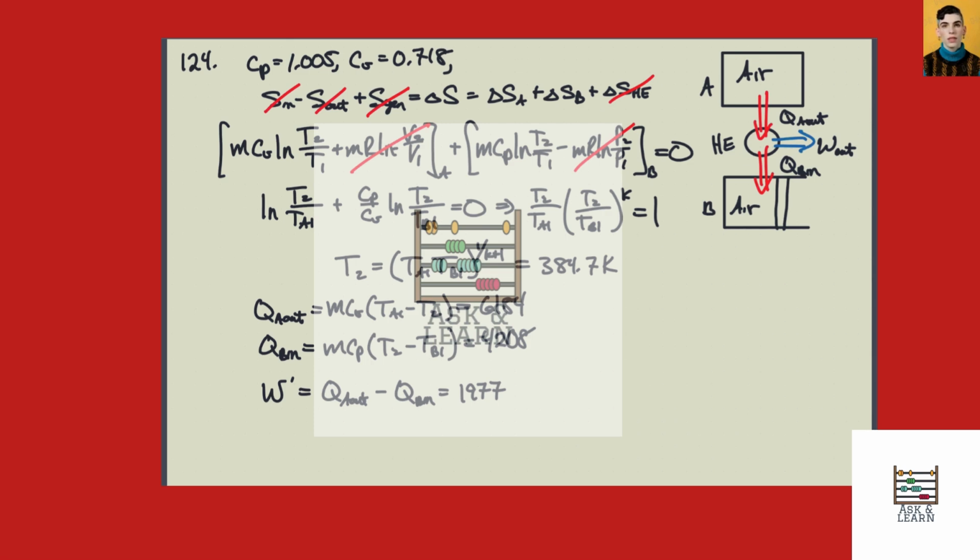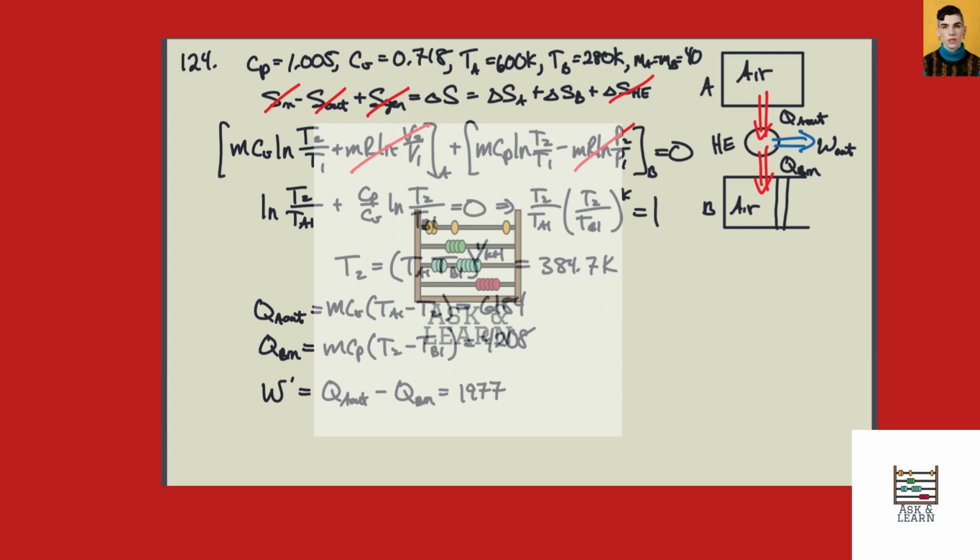The constant volume tank has a temperature TA of 600 Kelvin and TB is 280 Kelvin. And both have MA equals MB equals 40 kilograms. Okay, now we got our information down.